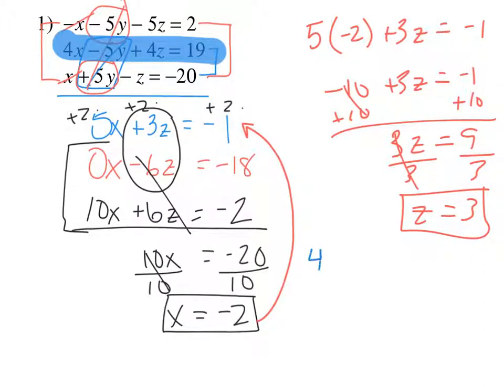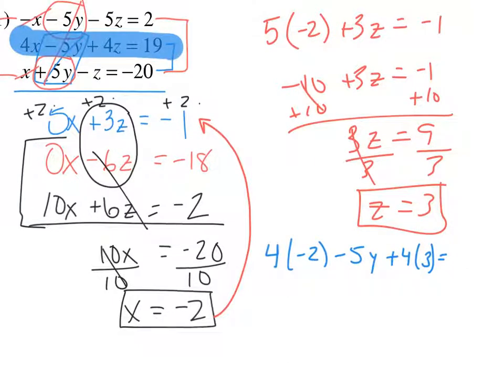So 4 times my x, which is negative 2, minus 5y, plus 4 times my z, which is 3, equals 19. 4 times negative 2 is negative 8. 4 times 3 is 12.